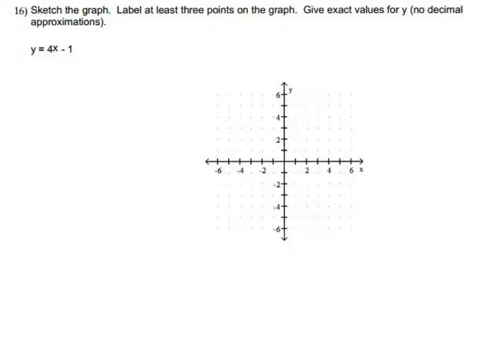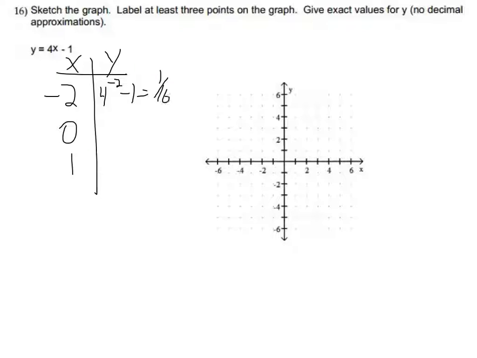Exponential functions. First off, it says label at least 3 points, so let's do that. I'll plug in -2 and 0 and 1. -2, 4 to the -2 minus 1. That's 1/16 minus 1.